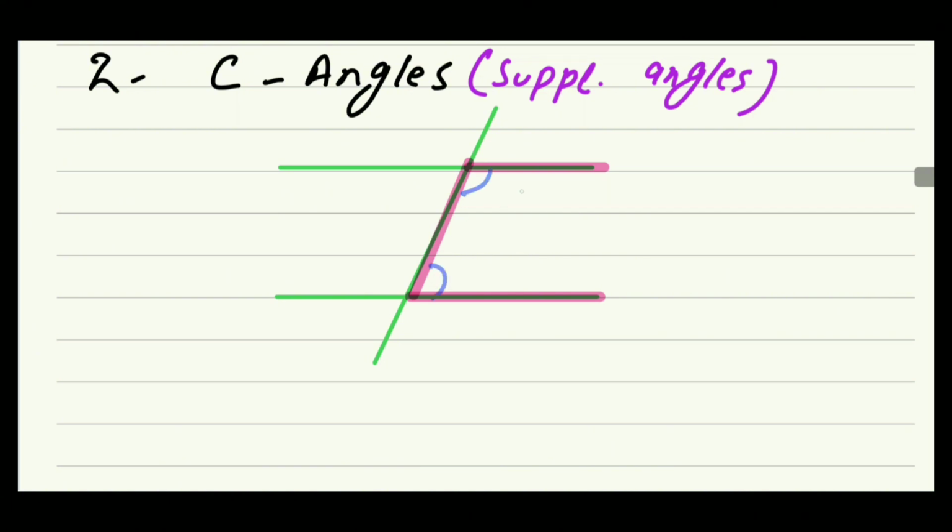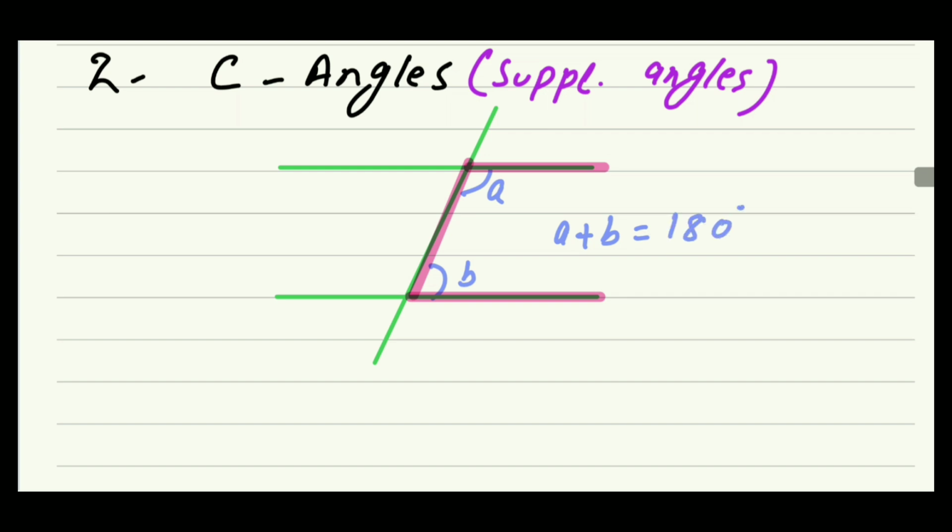So what is the property of supplementary angles? The sum of the angles between the C shapes will be 180 degrees. Like if this is A and this is B, A plus B is equal to 180 degrees.